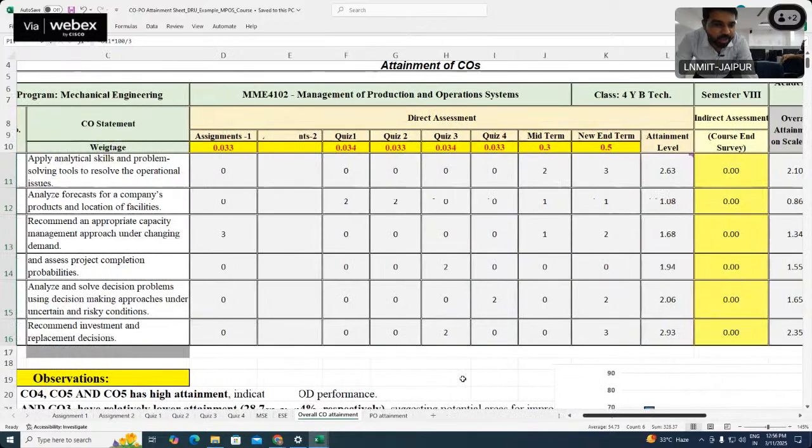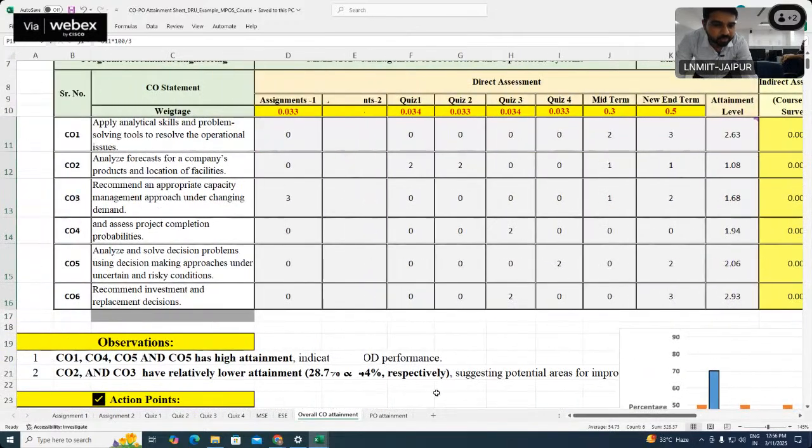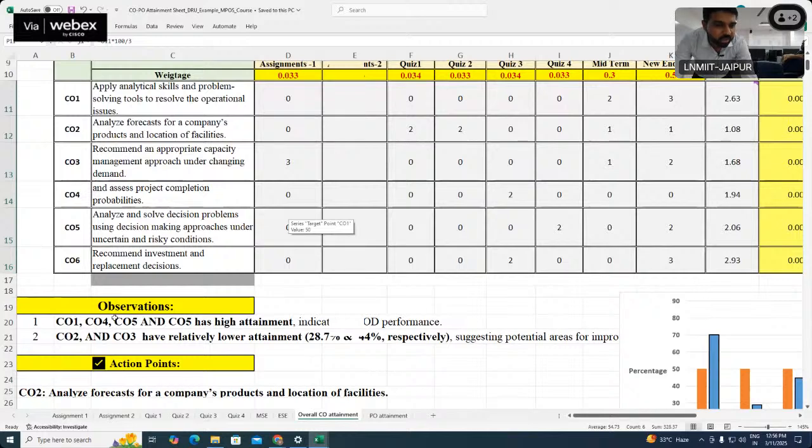We could have some observations. For example, it is written that CO1, CO4, 5 and 6 have high attainment. The second observation is that CO2 and CO3 have relatively low attainment, 28% and 44% respectively, which suggests a potential area for improvement for the teacher.